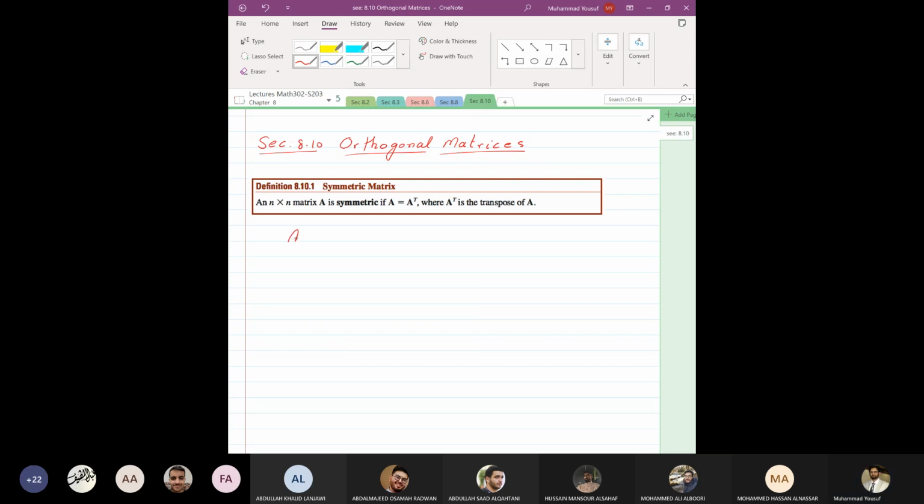If we have a matrix A like this, for example, if we look at 3 by 3, A, B, C, this is also B, it is also C. D, E, this is E, and F. And if we interchange rows and columns, we will get exactly the same matrix. So this is a symmetric matrix.